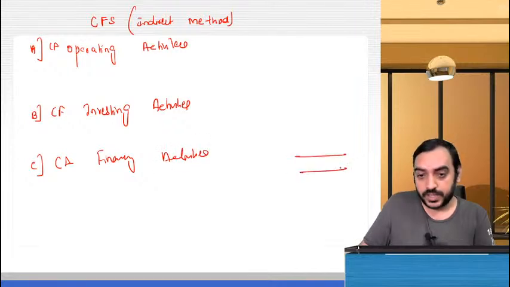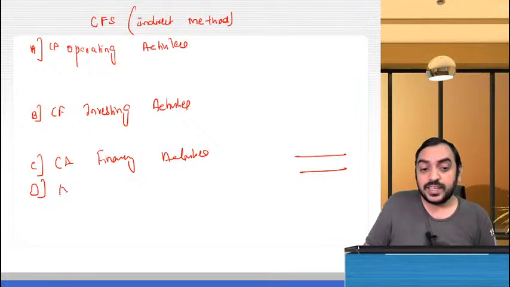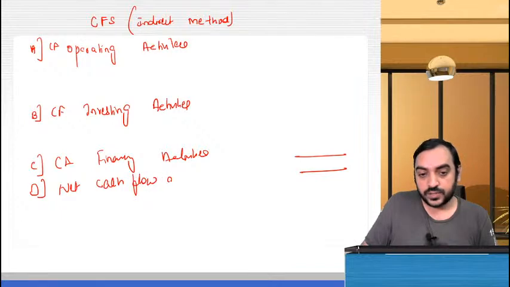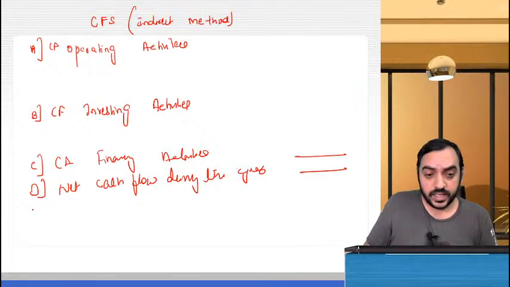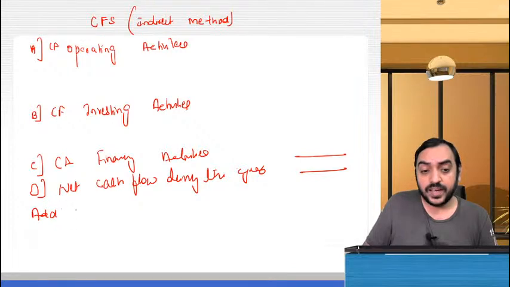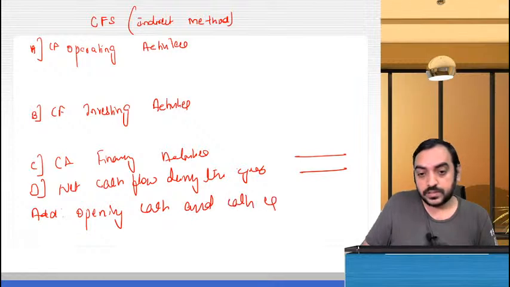After adding the three, operating plus investing plus financing, we get D, the net cash flow during the year. Then we add opening cash and cash equivalents. The resultant we should get is closing cash and cash equivalents.